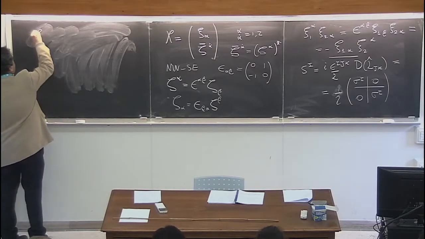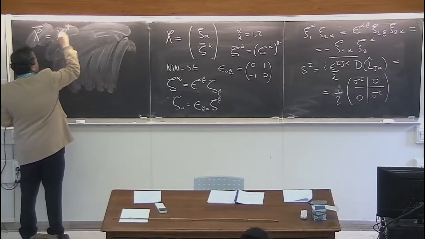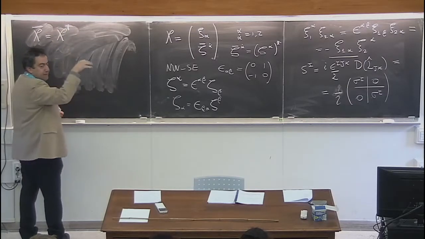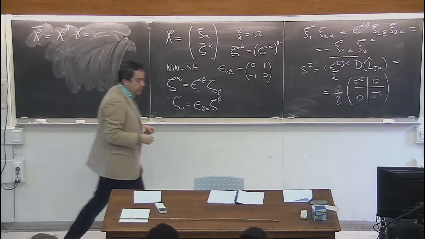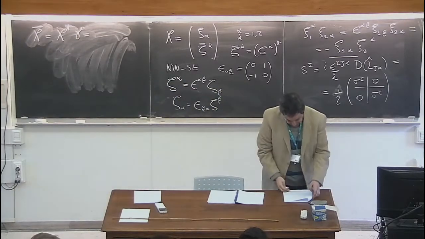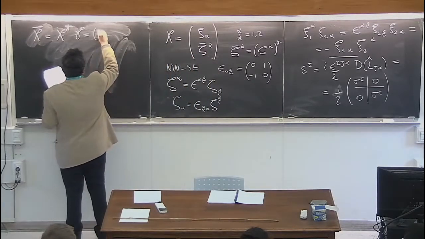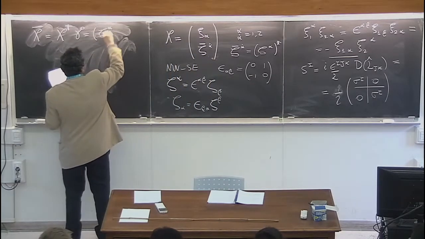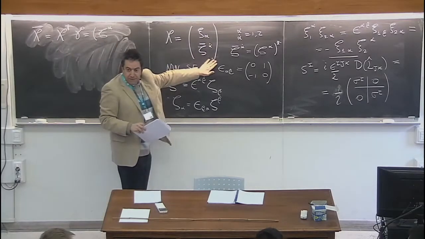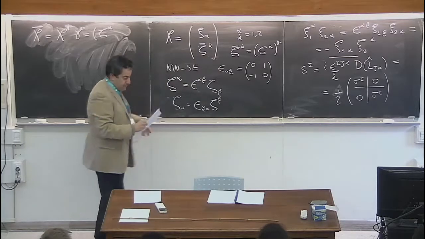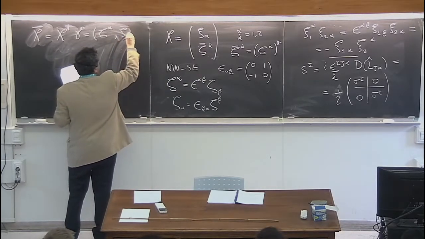The Dirac conjugate of psi, you can easily verify, is psi dagger gamma 0, and this is equal to zeta alpha, where zeta alpha is just the star of this, psi bar alpha dot, right?